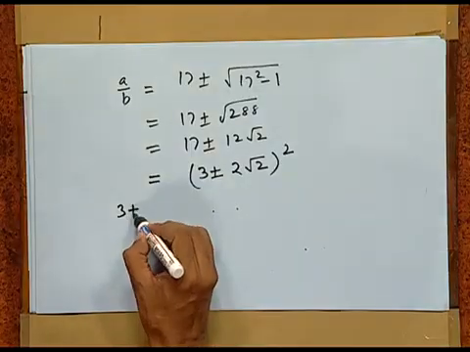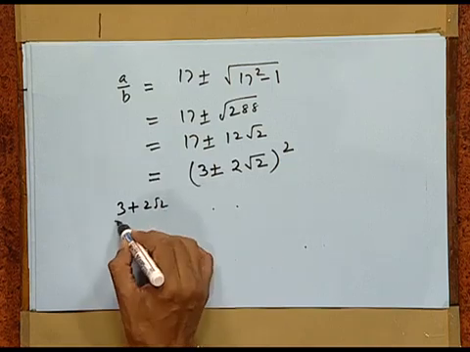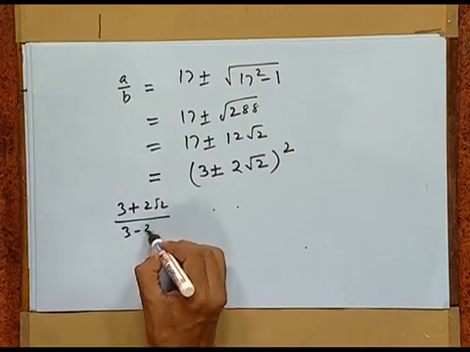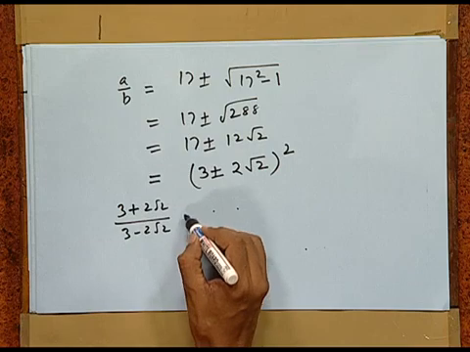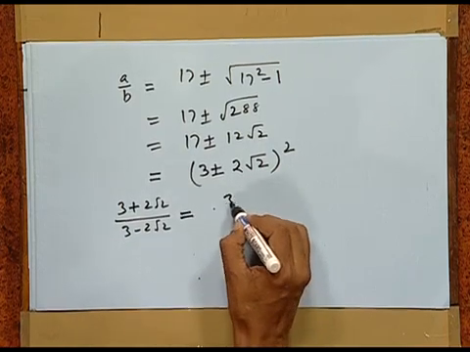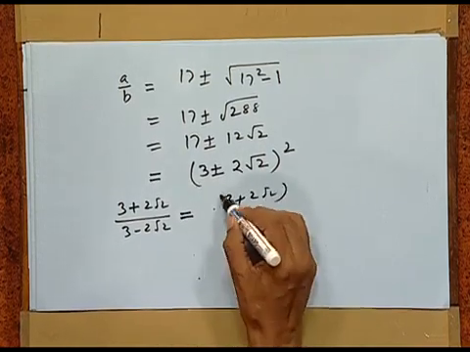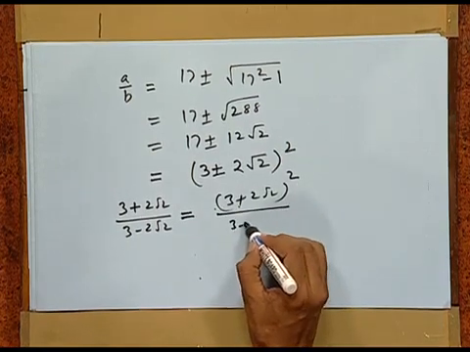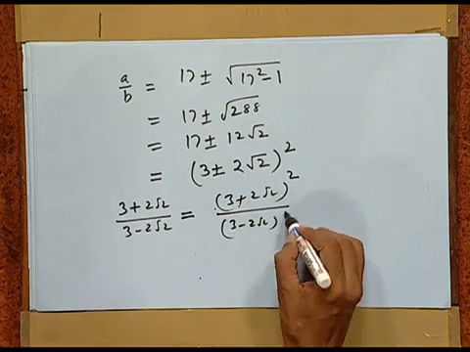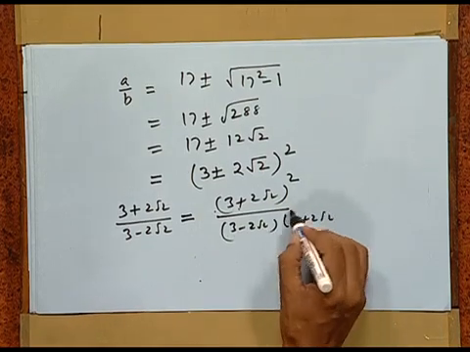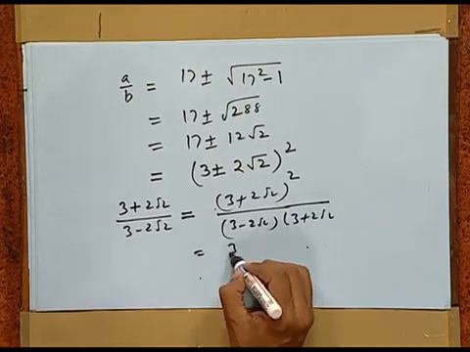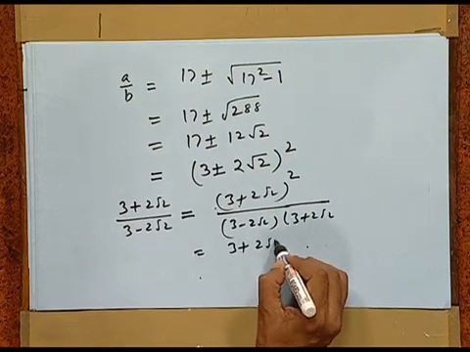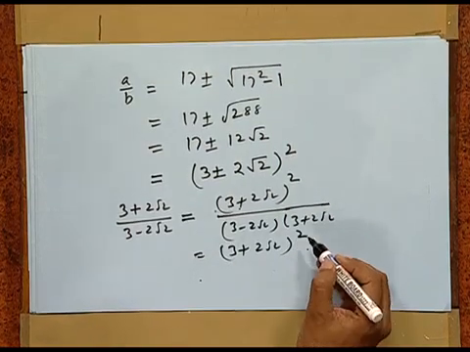Also, the given ratio is (3 plus 2 root 2) upon (3 minus 2 root 2). We can simplify this as (3 plus 2 root 2) whole square upon (3 minus 2 root 2) times (3 plus 2 root 2), which makes it (3 plus 2 root 2) square.